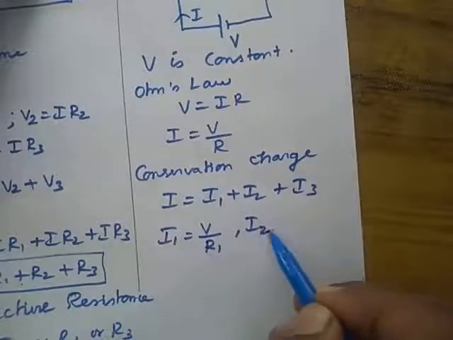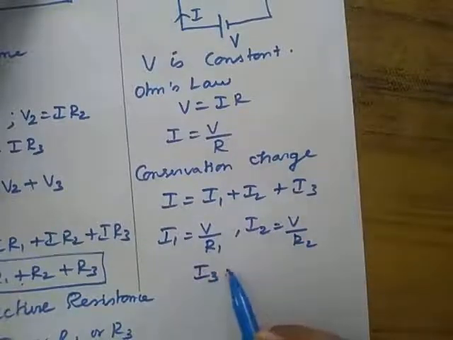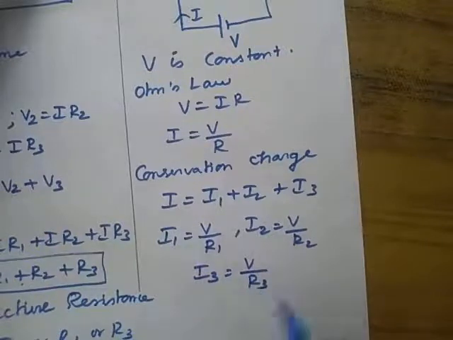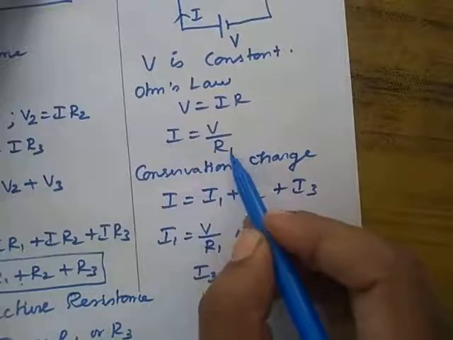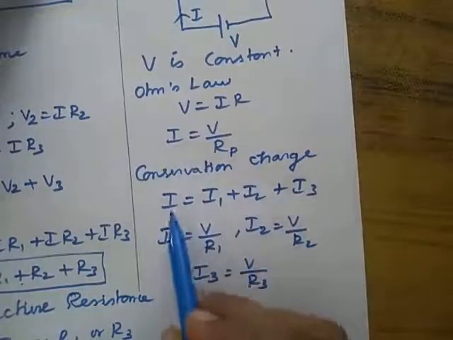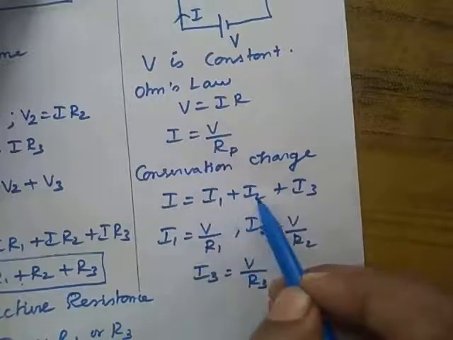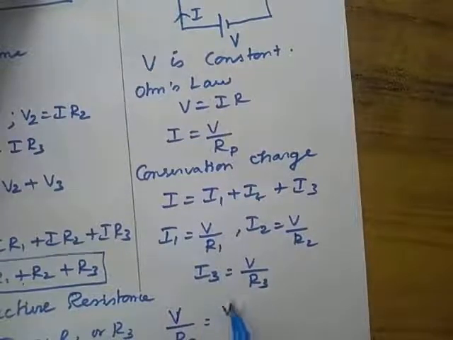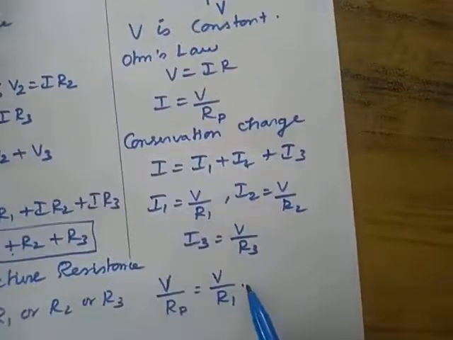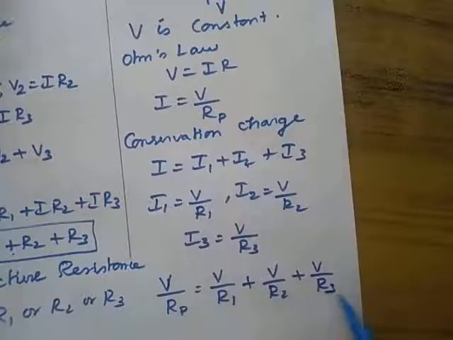We can write I1 is equal to V by R1, I2 as V by R2, and I3 as V by R3. This is RP. We can substitute these equations in the main equation. Then I becomes V by RP, that is equal to V by R1 plus V by R2 plus V by R3.